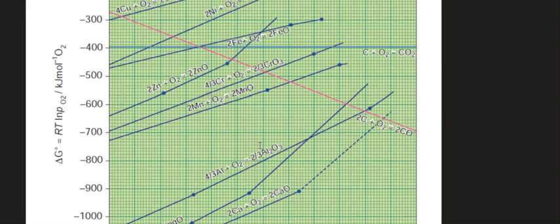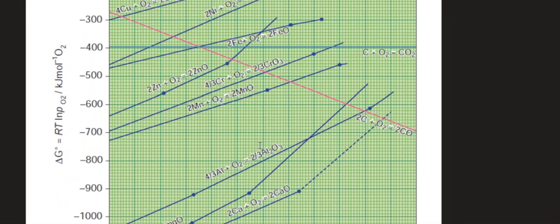Carbon is used as a reducing agent because of its salient feature: it is more stable at higher temperature. As we already discussed, at higher temperature, metal oxides decompose, so the oxygen can be easily removed.